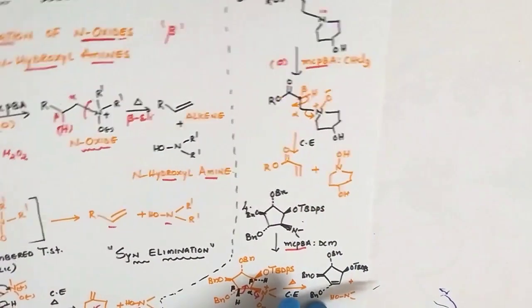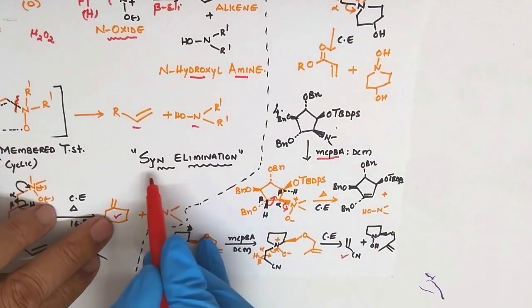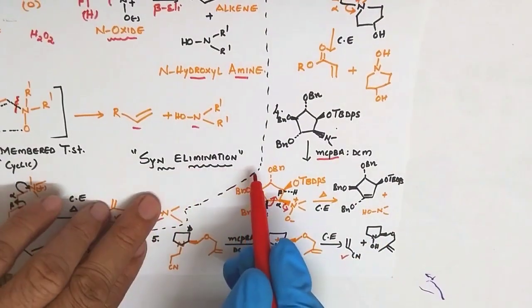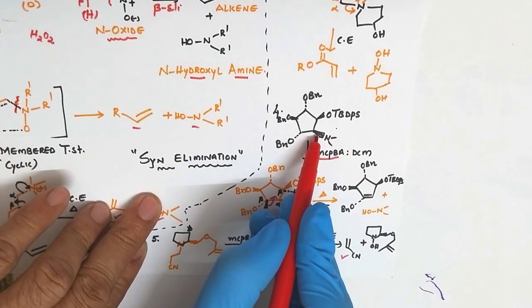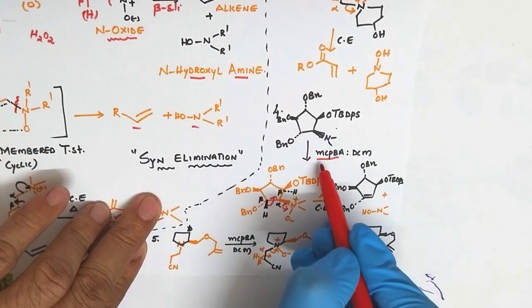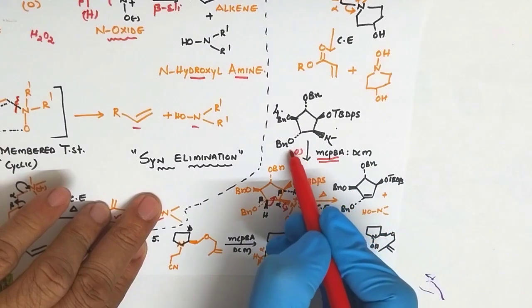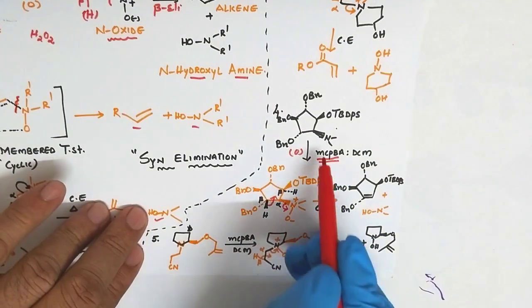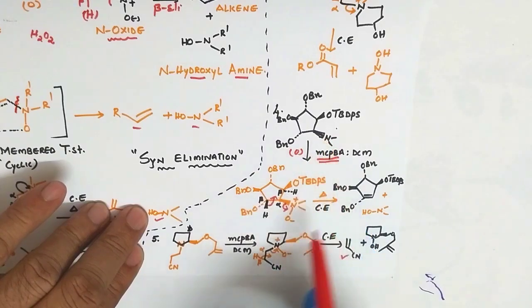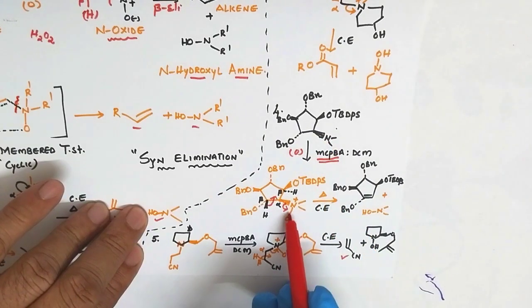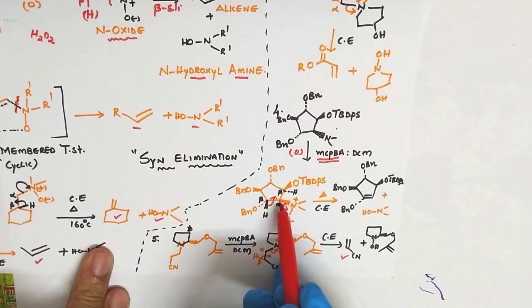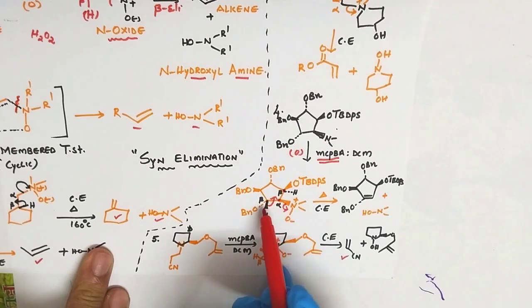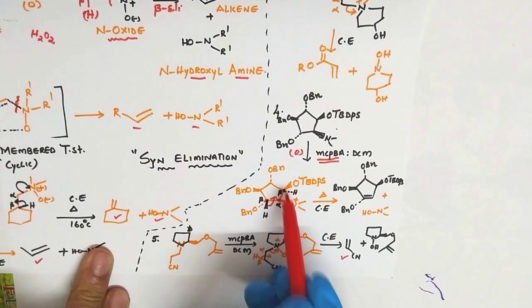Okay, see this example. We are discussing that it is an example of syn elimination. Here is the possibility. See this tertiary amine in which the nitrogen is above the plane. Keep in mind, metachloroperbenzoic acid means we are doing oxidation. So this tertiary amine is converted into the corresponding N-oxide. Now see the feasibility. Here you have one alpha hydrogen and 2 beta hydrogens.